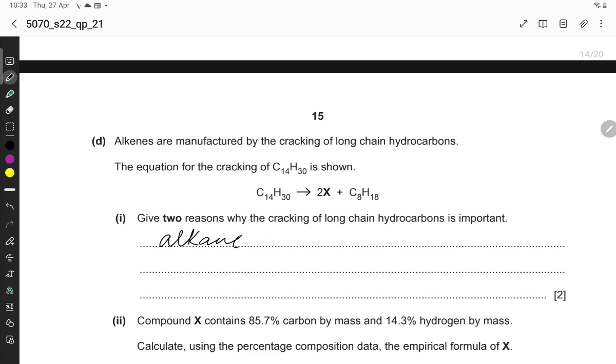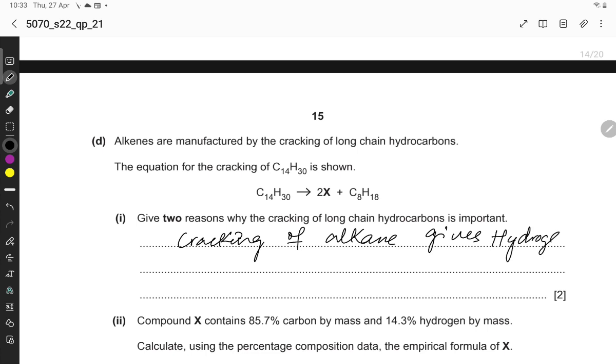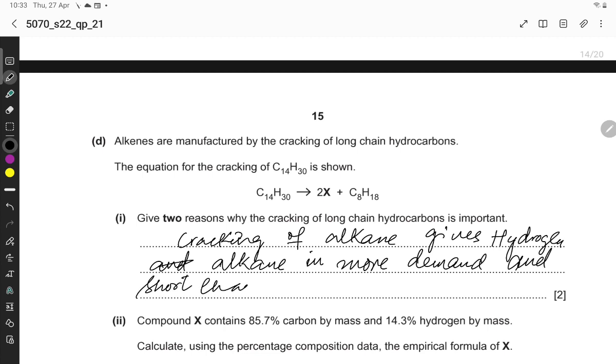Cracking of alkane gives hydrogen and alkanes in more demand, and shorter chain alkene used to make polymer.